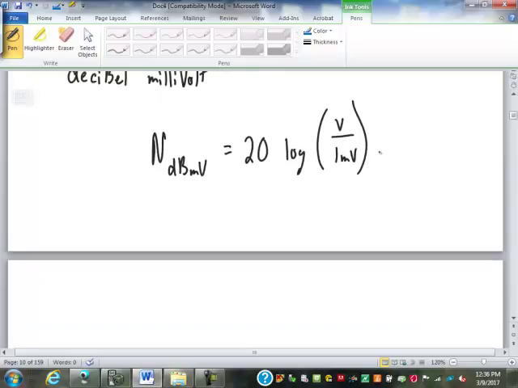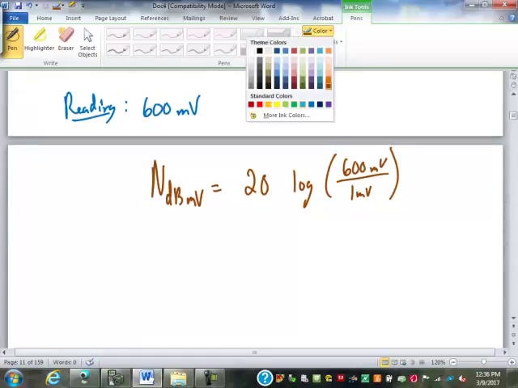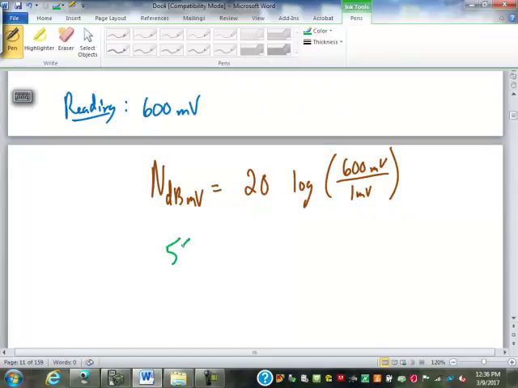So if we have a reading of, let's say, 600 millivolts. So the dBmV is 20 times the log of 600 millivolts over 1 millivolt. 55.56 dBmV.